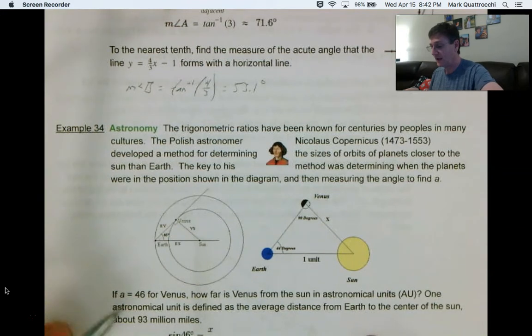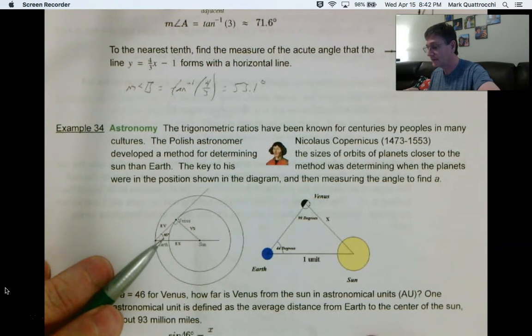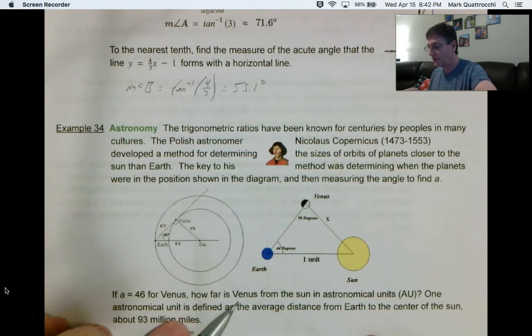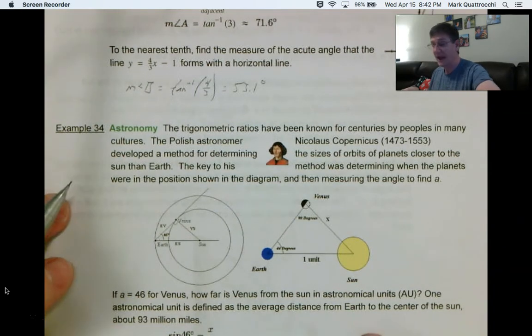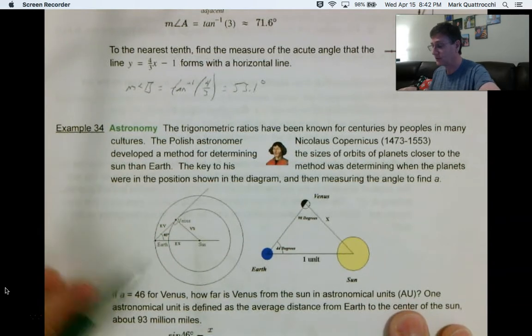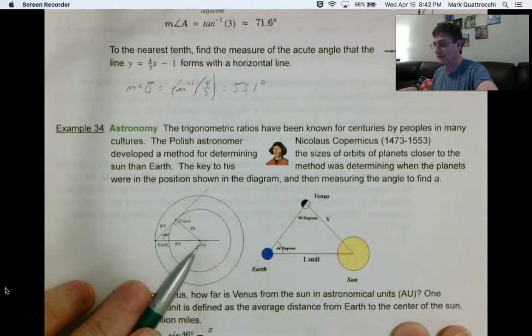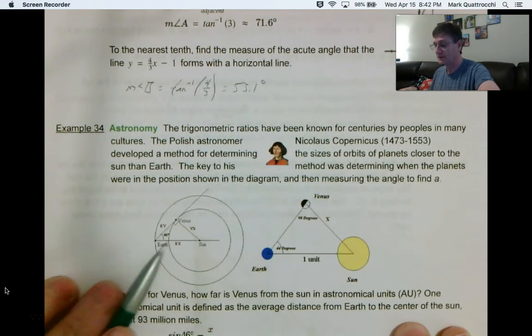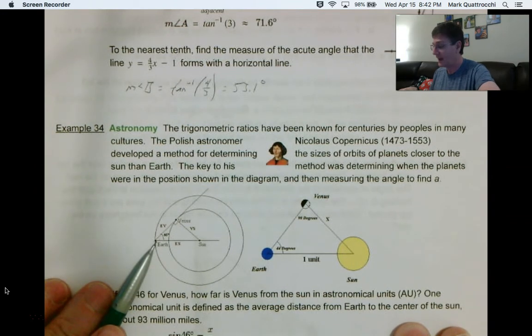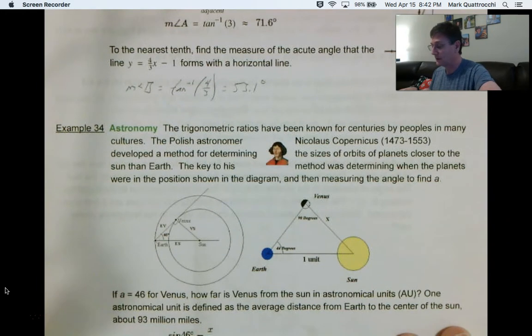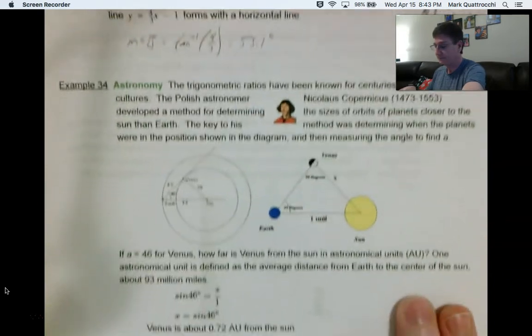So if A is 46 degrees, how far is Venus from the Sun in astronomical units? Well, 1 astronomical unit is defined as the average distance from the Sun to the Earth. That is 1 AU, or about 93 million miles.